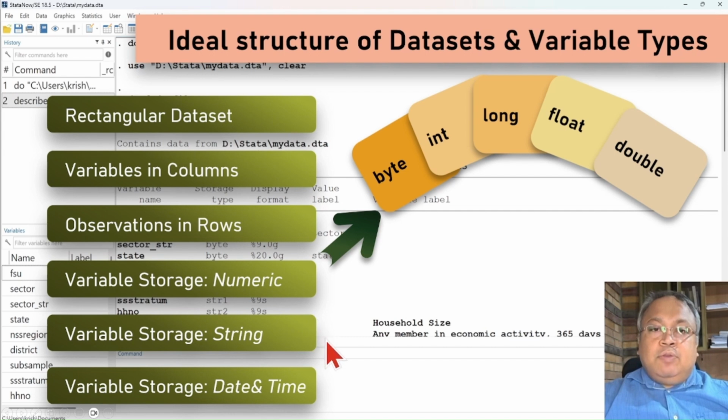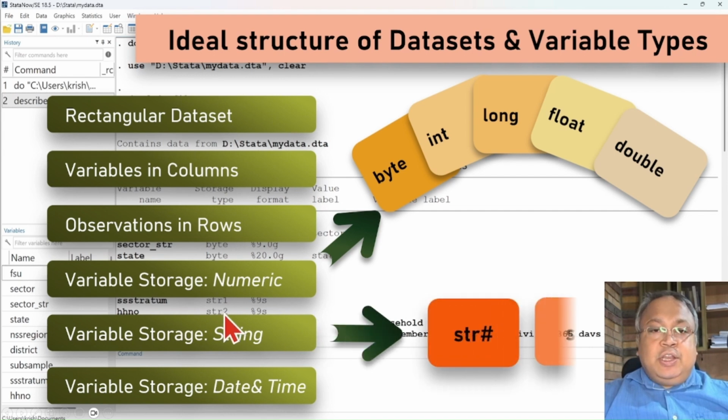The other type that we are talking about today is the string type. String type is for variables which store names of persons and places, sentences and expressions, and also numbers with which we do not want to do any mathematical calculations.